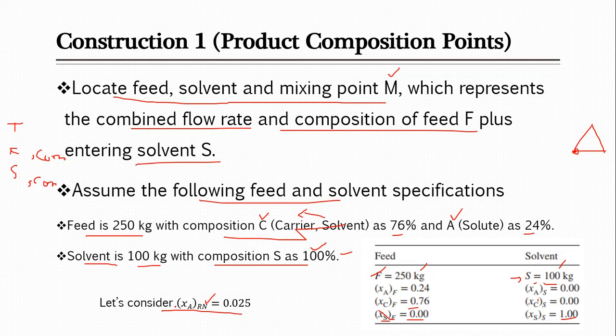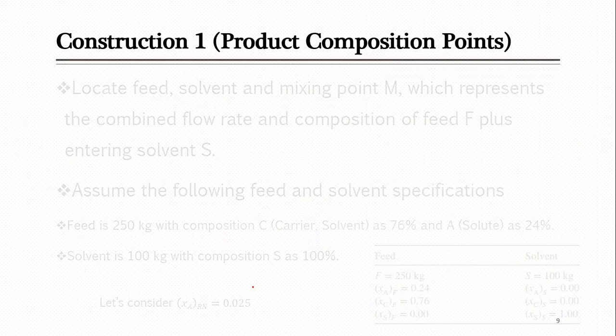We talked about this: either you should be given the composition of some component leaving from the first plate in the extract, or the composition of some component leaving from the nth plate as a raffinate stream. So here you are given that the solute leaving in the raffinate is only 2.5%, or 0.025 in mass fraction. So up to here we have 6 variables complete, so we can proceed with this system and hopefully solve it easily.